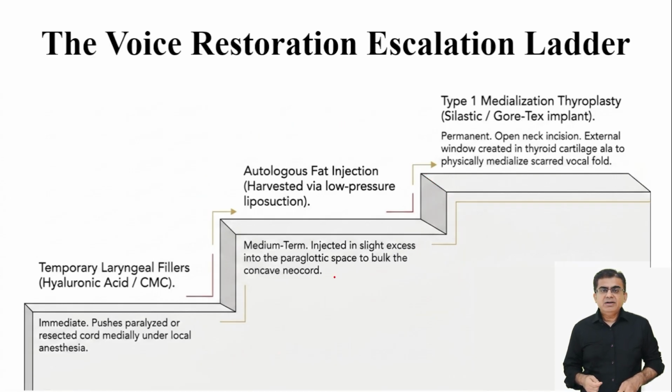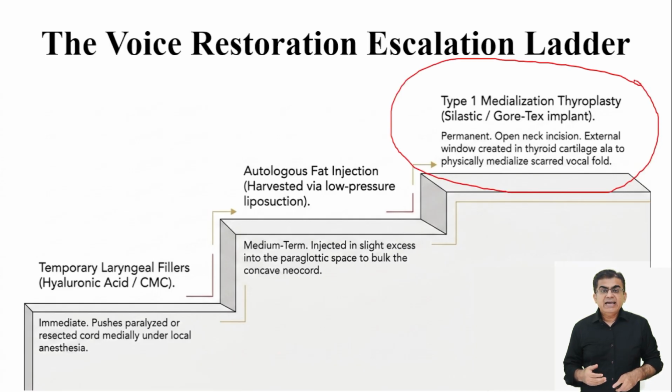The next step is the permanent surgical solution called a type 1 medialization thyroplasty. This specific procedure requires a traditional open neck incision. We cut a small external window directly into the thyroid cartilage.